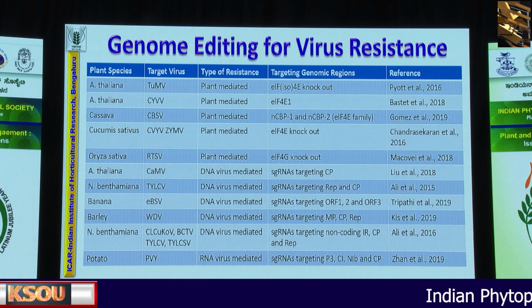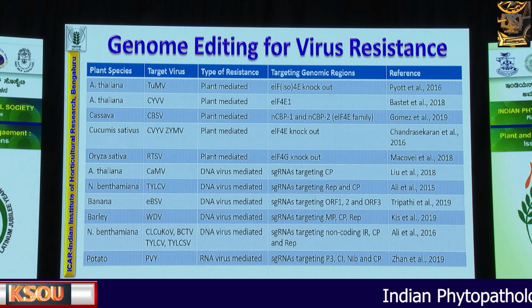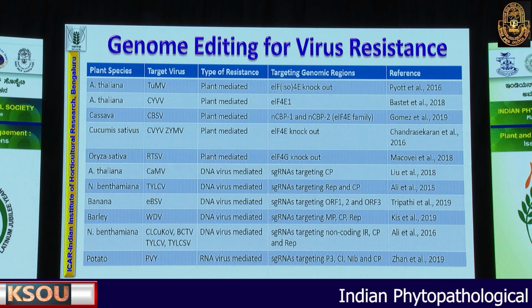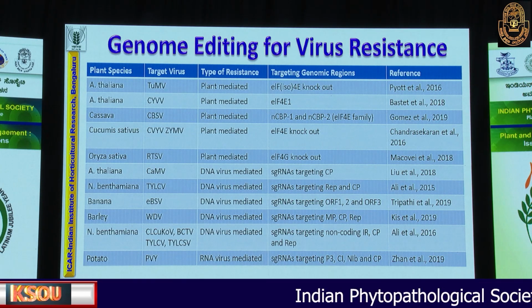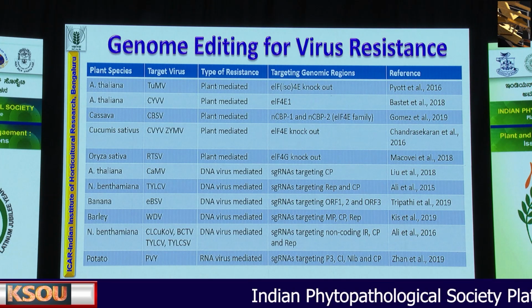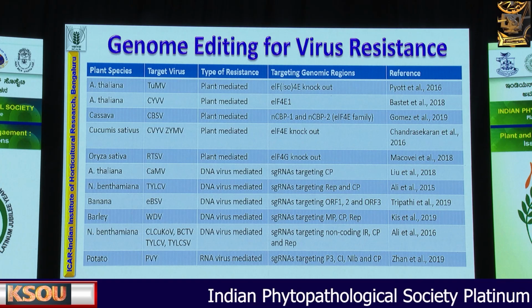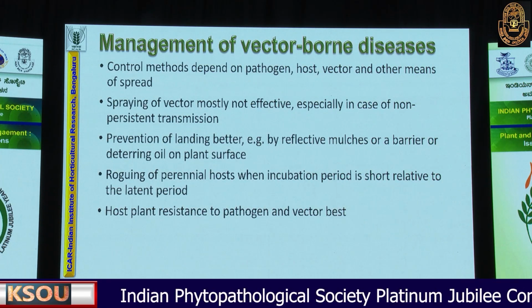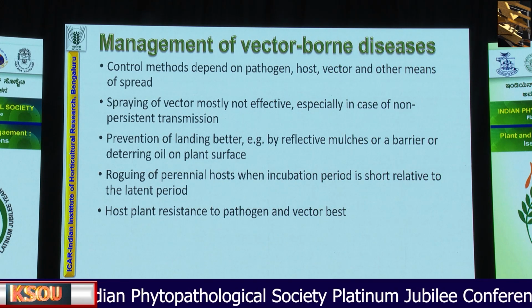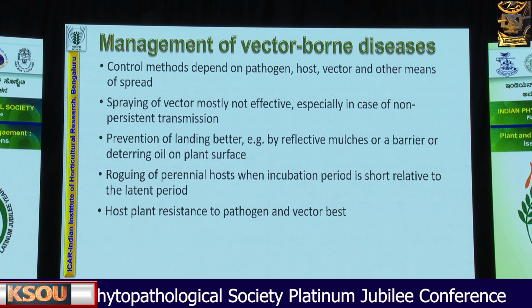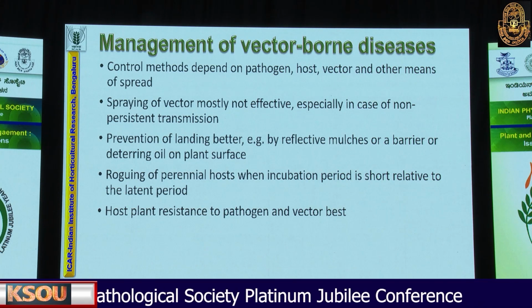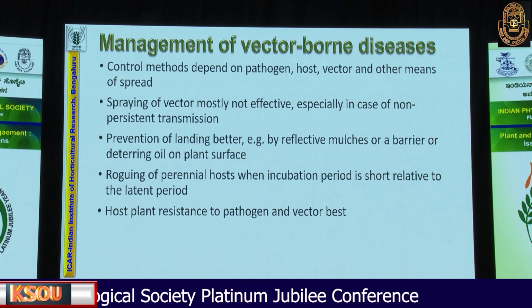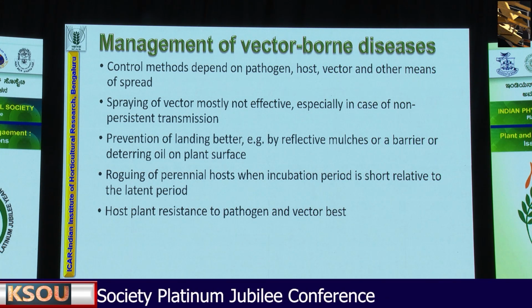Some of the examples already known for genome editing for virus resistance are in tomato, cucumber, cassava and potato. The plants are ready, but these varieties have not yet come to commercial cultivation. When you come to the management part, vectors are very critical for these viruses.